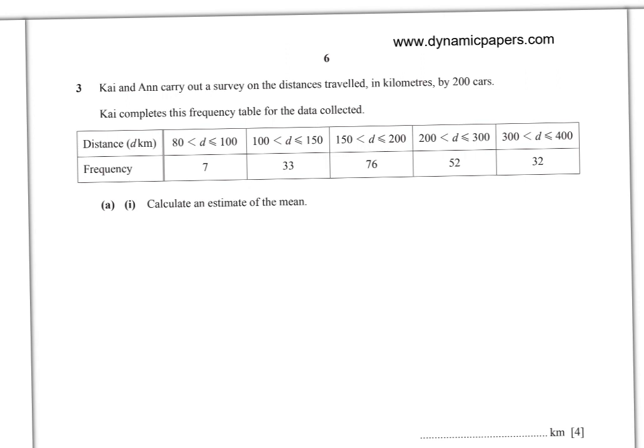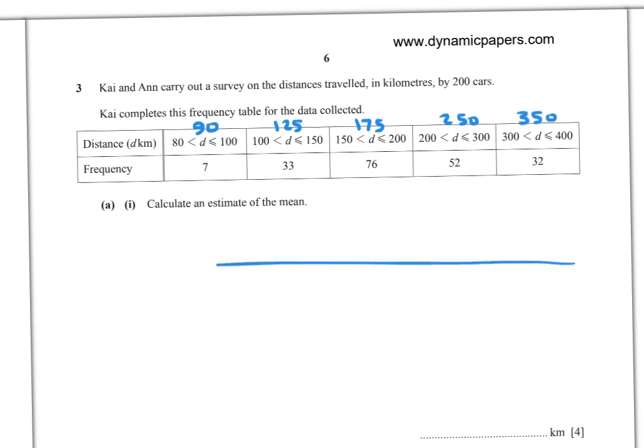To find the middle value for the first class, halfway between 80 and 100 is 90. Next, between 100 and 150, 125. Next, between 150 and 200, 175. Between 200 and 300, 250. Between 300 and 400, 350.